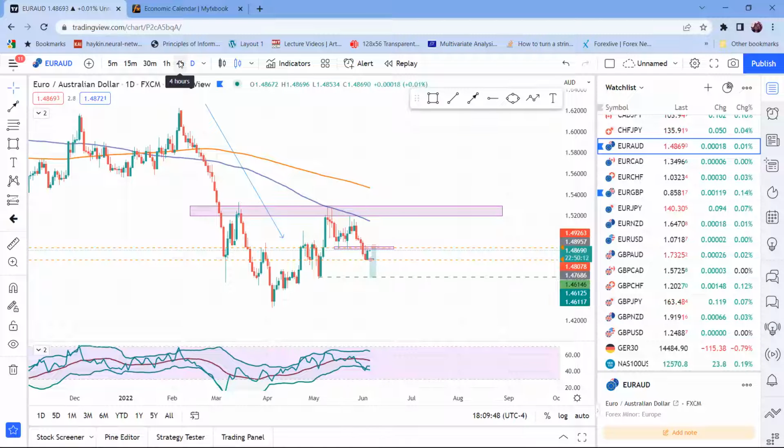So overall, the euro itself is very weak against the more risk-on currency pairs such as NZD and the AUD. We do have some possible bullish sentiment that we could see for the euro, just because we have that high inflation number.